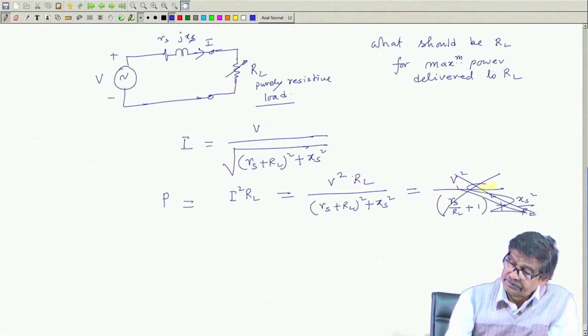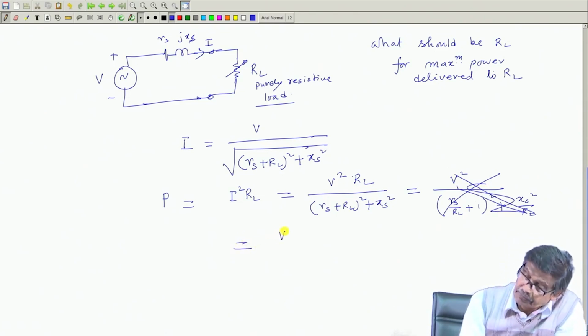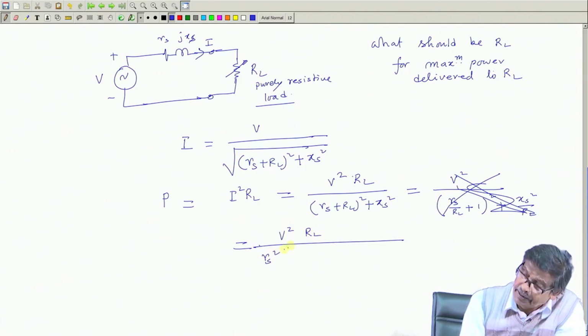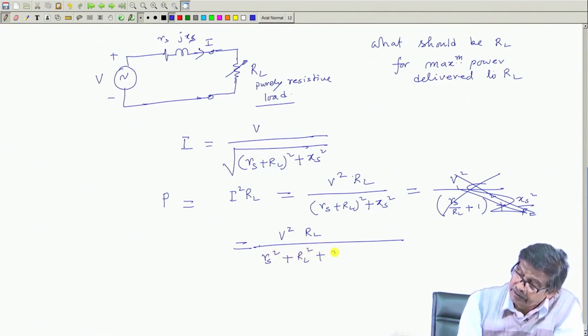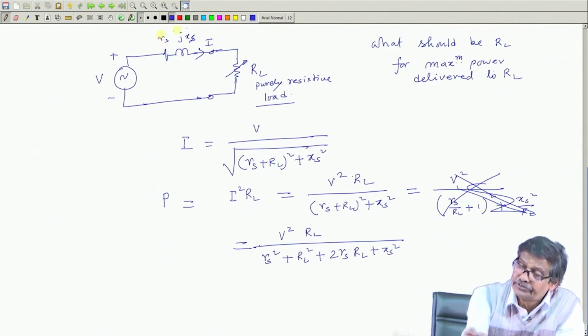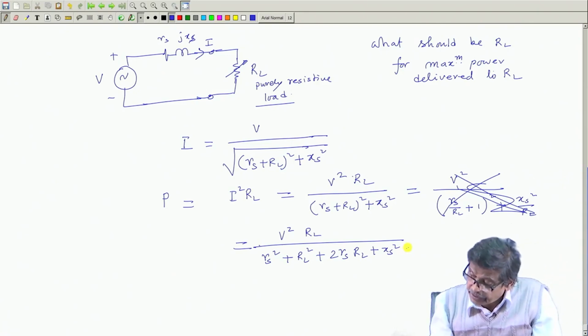Well, let us not do this, let us do this step, expand this: RS square plus RL square plus 2 RS into RL plus XS square, of which RS and XS are constant. This is constant internal impedance of the source. Then what you do?